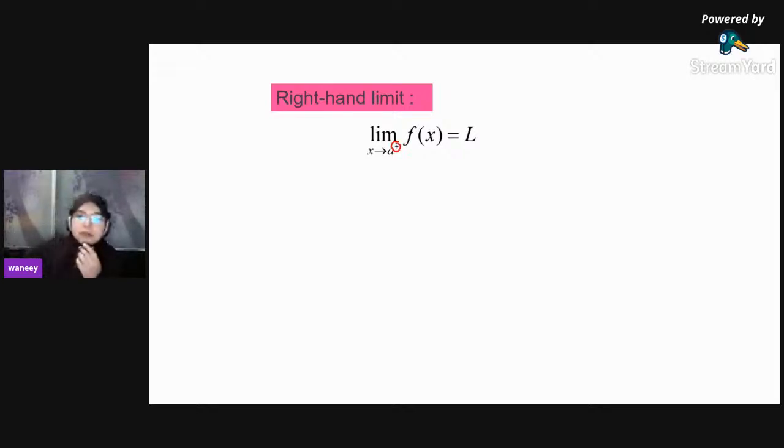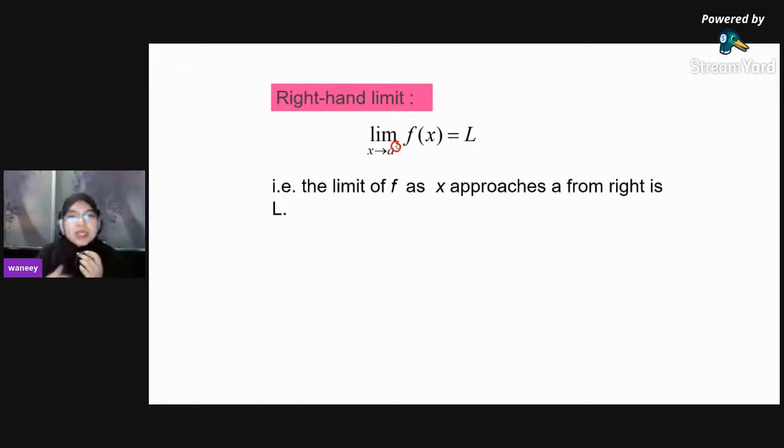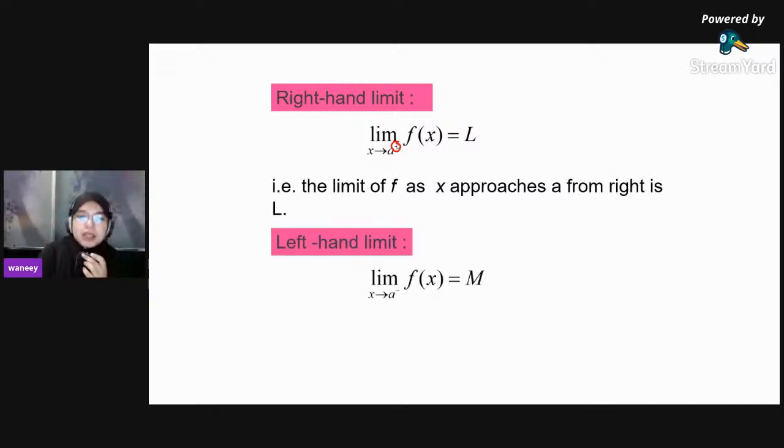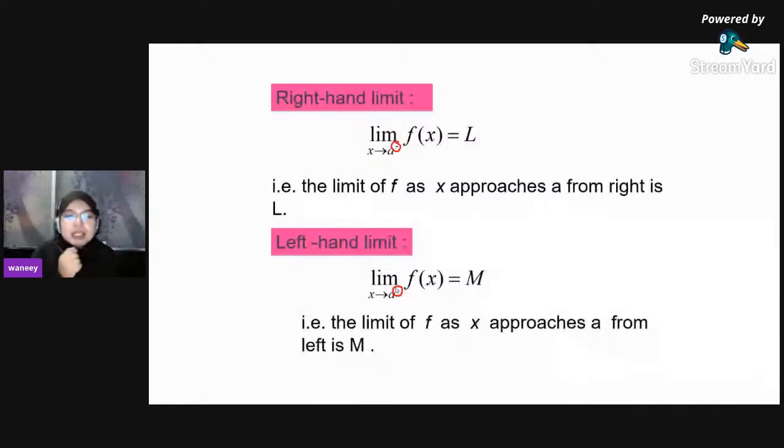We are approaching from the right hand side for f(x), and once we substitute the value of a inside the function, we get L. So the limit of f as x approaches a from the right hand side is L. For the left hand limit, the way we write it down is the limit as x approaches a, and do make sure to write a minus on top of a, f(x), and this is equal to m. So the limit of f as x approaches a from the left hand side is m.